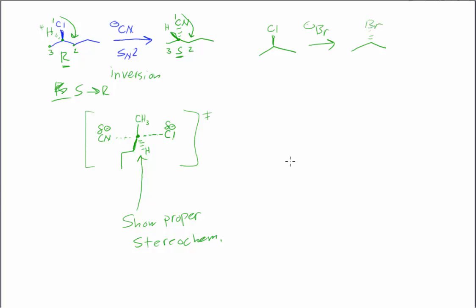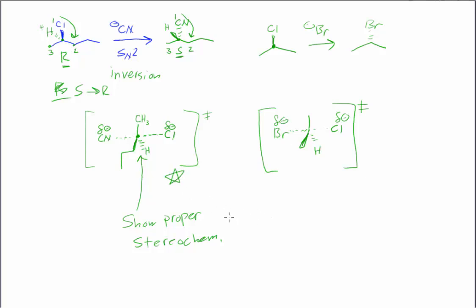We are not inverting anything because there's no stereochemistry right here. This is not a stereocenter, so it doesn't matter what I put on my transition state. I could just draw this, and there's my transition state. It doesn't matter where I put the methyls or the H because they are not describing any stereochemistry. So this is a much easier transition state to draw.